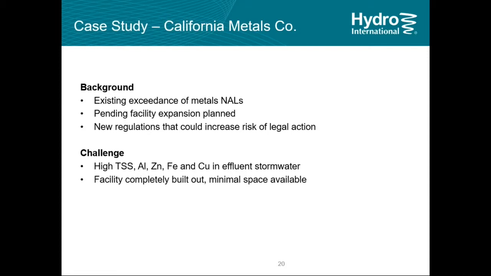So they were afraid of an increased risk of legal action because of new regulations, their expansion, and the history of having exceedances. The challenge was they had high TSS, aluminum, zinc, iron, and copper in their effluent. And this facility was completely built out, which is very common for industrial sites, with very minimal space available for an above ground system.